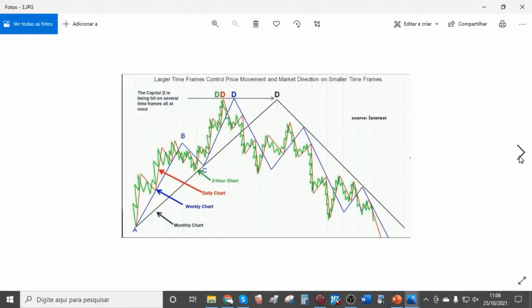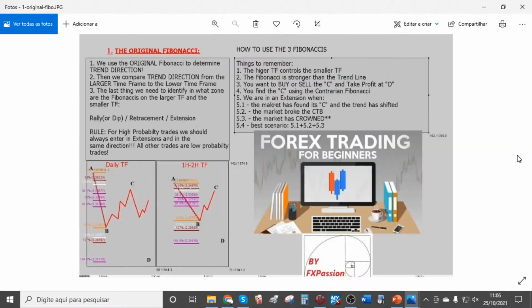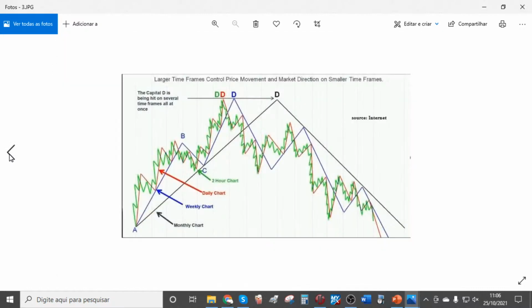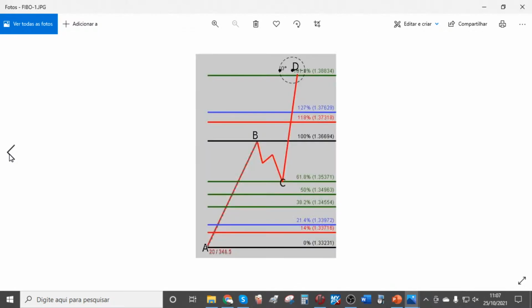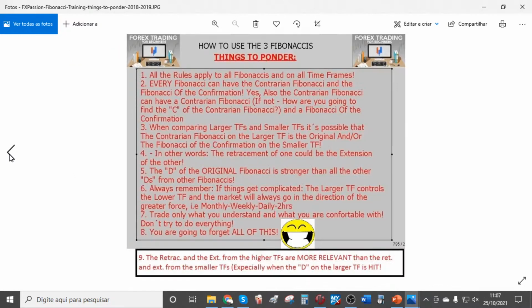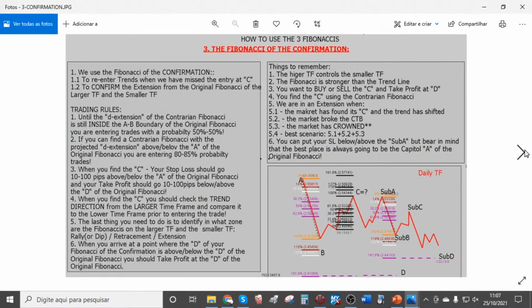Picture number one, picture number two, picture number three, the contrarian, the original one. We learned from the previous lessons, original Fibonacci, contrarian Fibonacci. This is how the larger time frame controls price movement and market direction. And this is now the Fibonacci of the confirmation. We have different multiple time frames, and this is going to be the last slide, everybody. But step by step, this is what we need to learn.